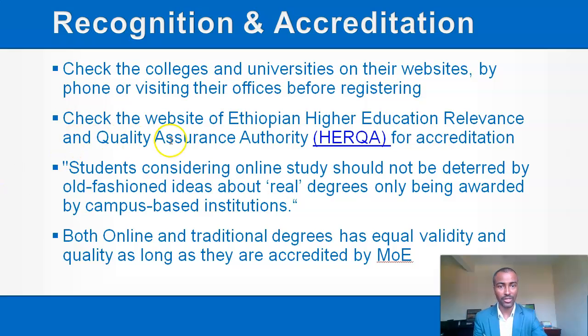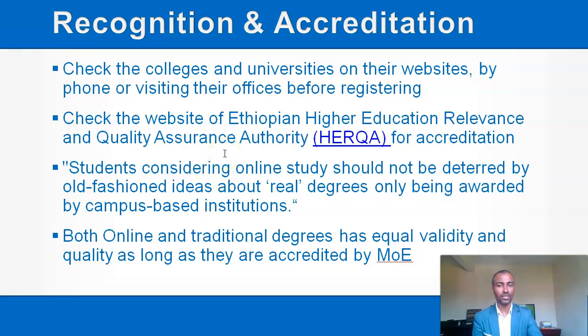Especially in the context of Ethiopia, the institution called HERQA, the Higher Education Relevance and Quality Assurance Agency, has the accreditation program. It is the one in charge of checking every institution in Ethiopia and giving them accreditation. As long as this institution has accredited any university and any program, that university is accredited and the degree you get from that institution is acceptable and recognized anywhere.